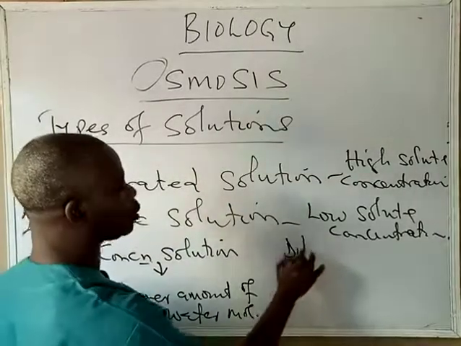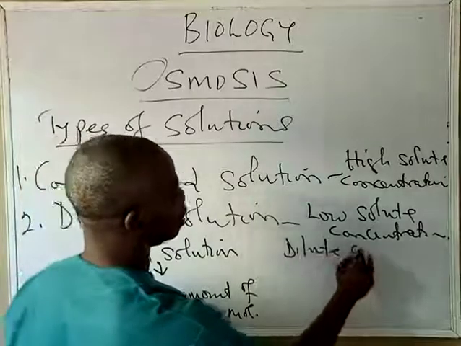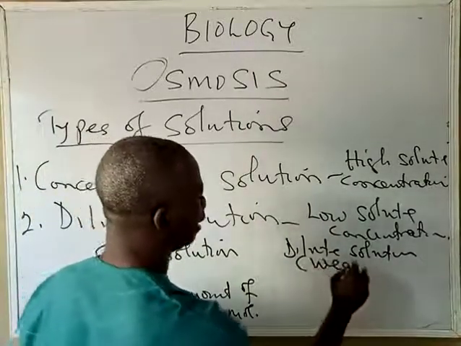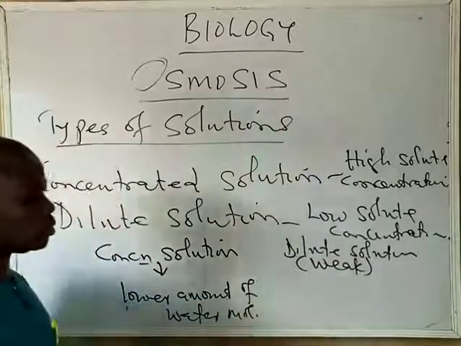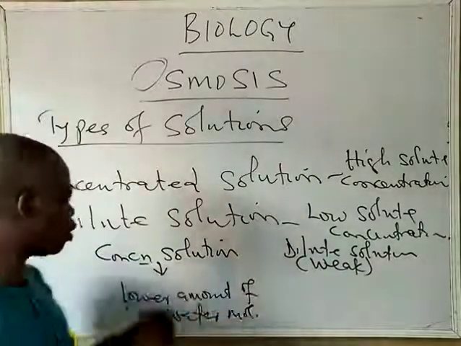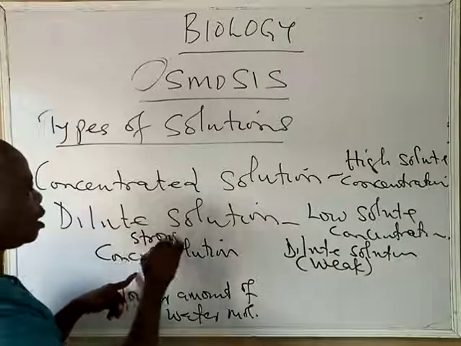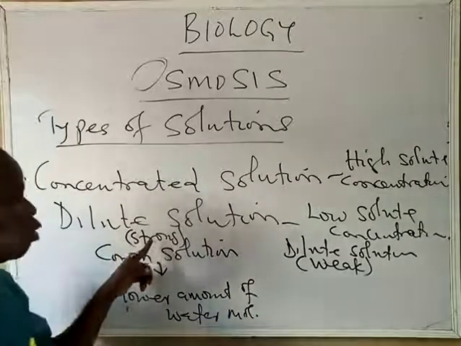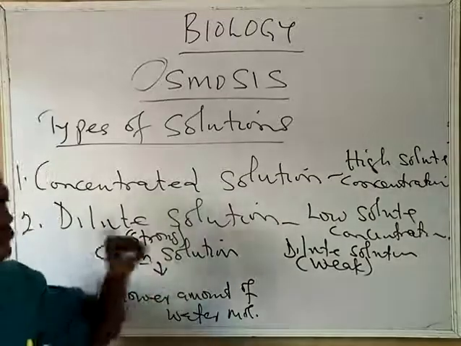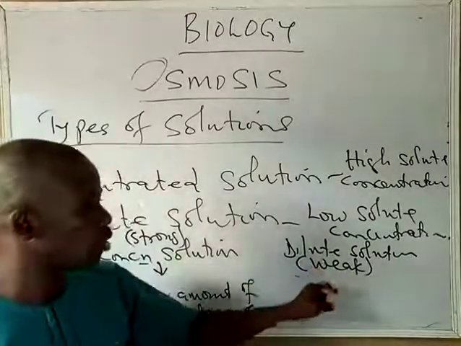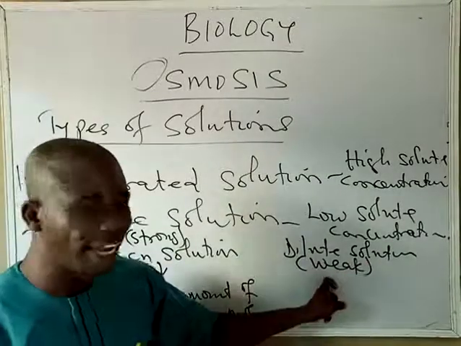A dilute solution, we also call it a weak solution. We call it dilute or weak solution. We call it concentrated or strong solution. So when we say a solution is concentrated, we also say it's a strong solution. And when we say a solution is dilute, we are also saying that solution is a weak solution.